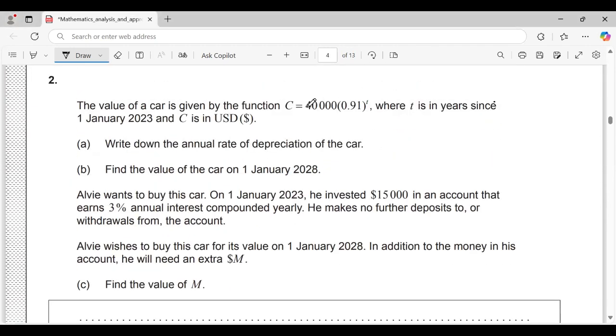In this equation, 0.91 represents the depreciation factor.